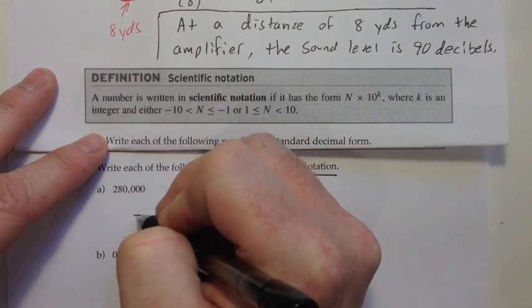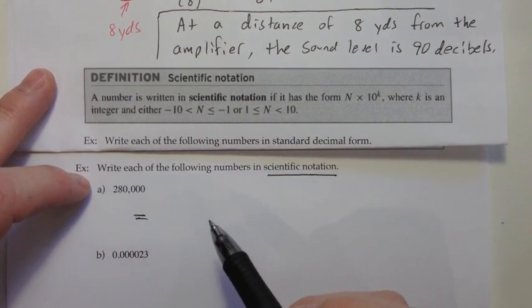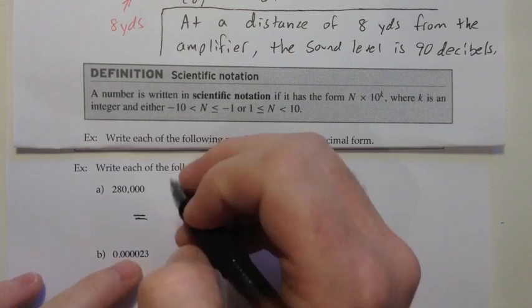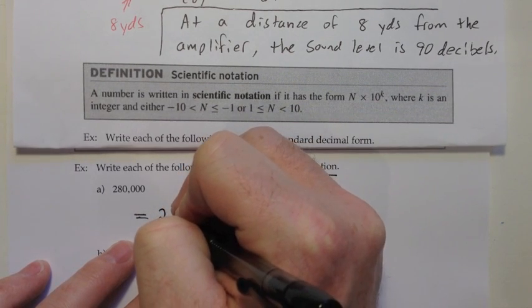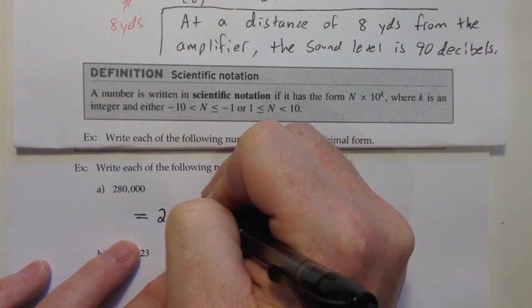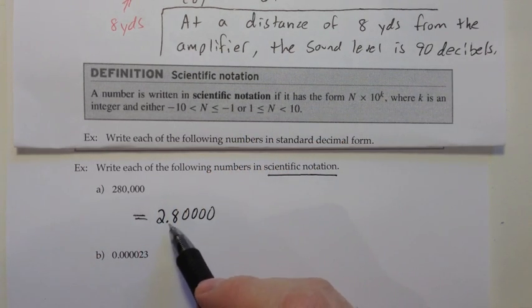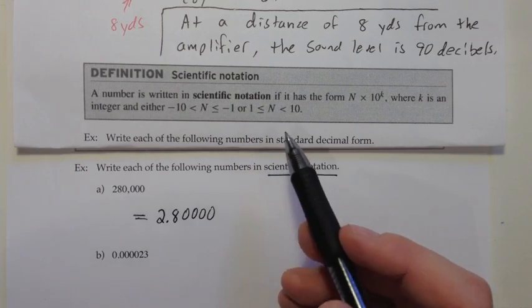So if you want to take 280,000 and put it in scientific notation, you have to move the decimal from right here at the end to a place where the number would now be in between 1 and 10. And so if I put that decimal in between the 2 and the 8, then now we have a number that's 2.8, and 2.8 is in between 1 and 10.